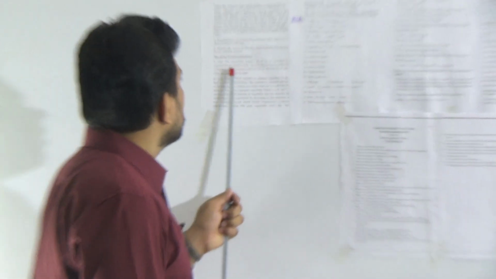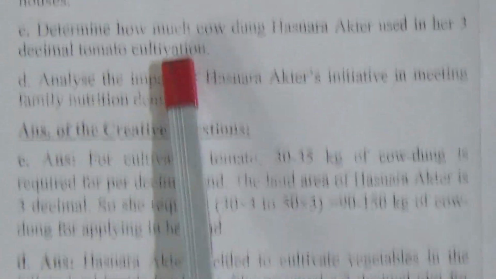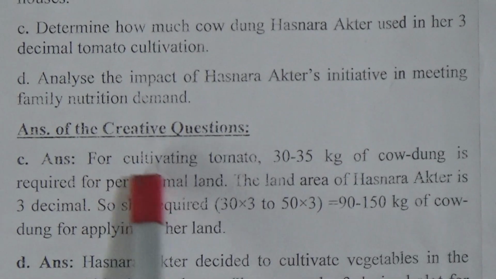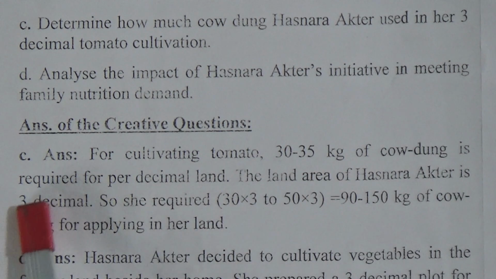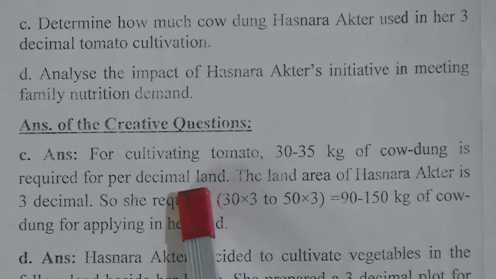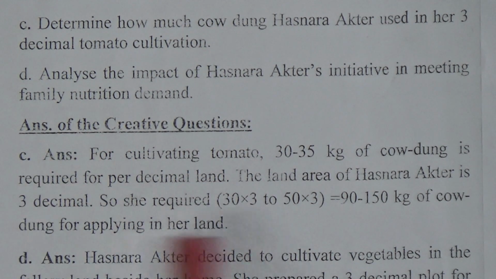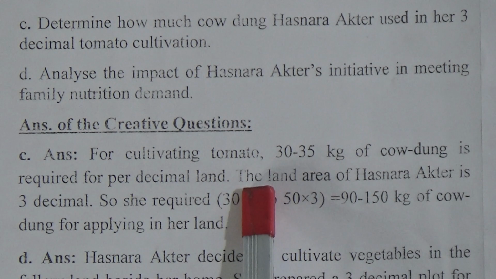Okay. So your question is, determine how much cow dung Hasnara Akhtar used in her 3 decimal tomato cultivation. My answer is here: for cultivating tomato, 30 to 35 kg of cow dung is required per decimal of land. This is our knowledge based part, finished in application based questions. Now we need to explain.